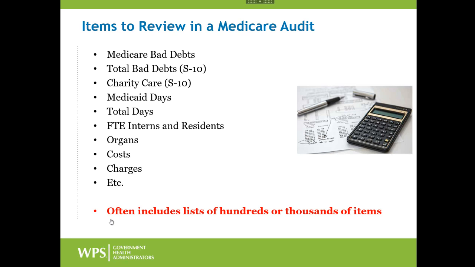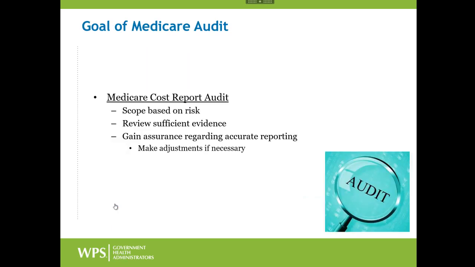Now, the thing is, with any of these listings, when a provider submits that listing with the cost report, this could include hundreds or even thousands of items, and sometimes several thousand items, depending on the listings. So the question here is, what are we going to review out of that listing?